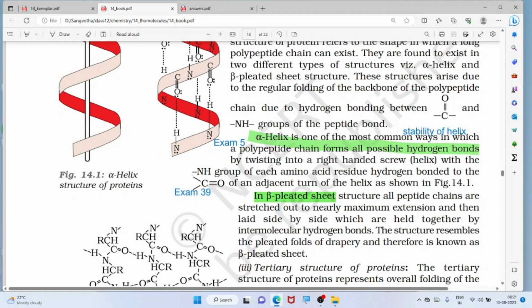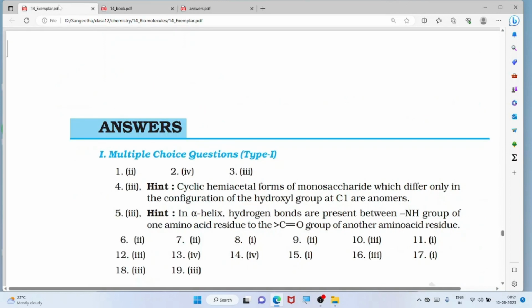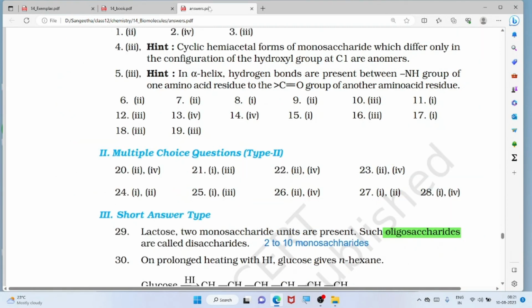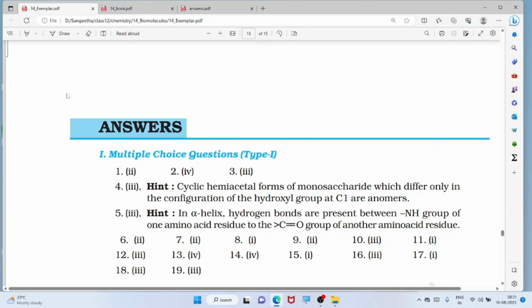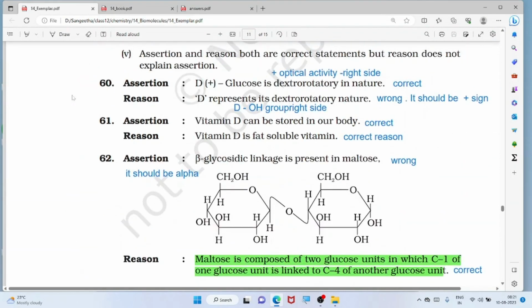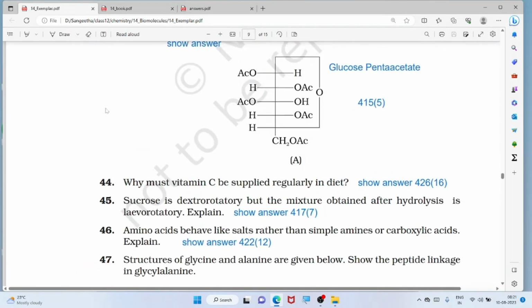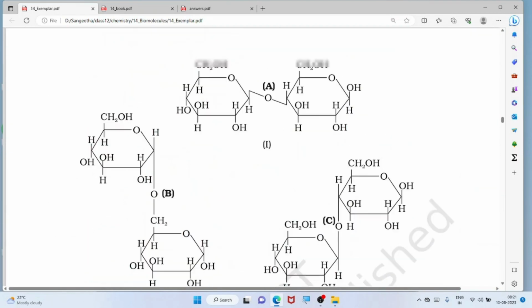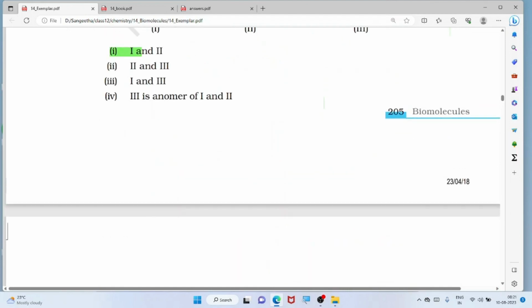This hydrogen bonding stabilizes this alpha helix structure.